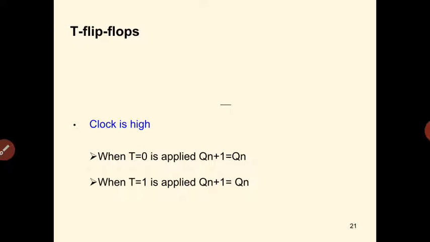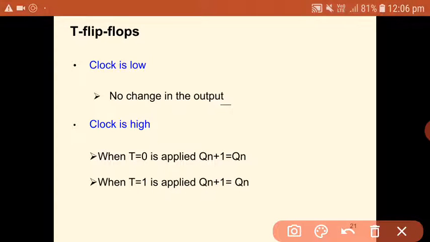So for the T flip-flop, when clock is low, there is no change in the output, and when clock is high and T is equal to 0 is applied, then Qn plus 1 will be equal to Qn, and when T is equal to 1 is applied, then Qn plus 1 will be equal to Qn bar. It is not Qn, it is Qn bar. You have to correct this.